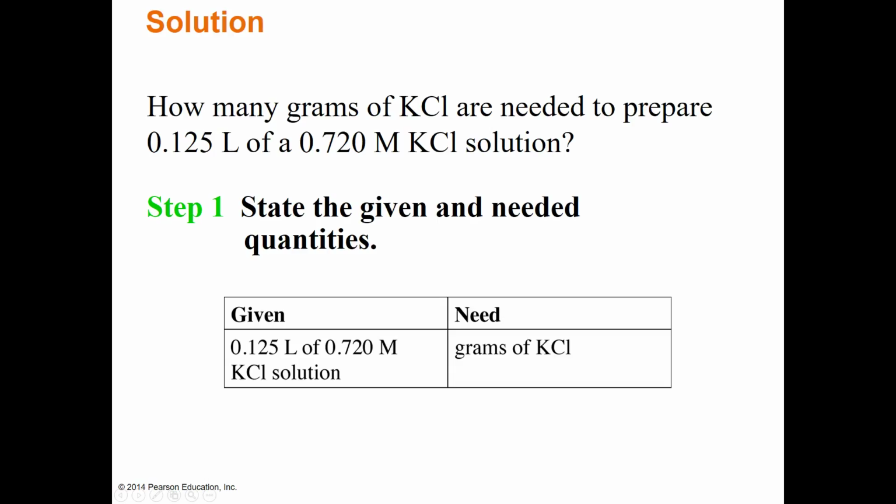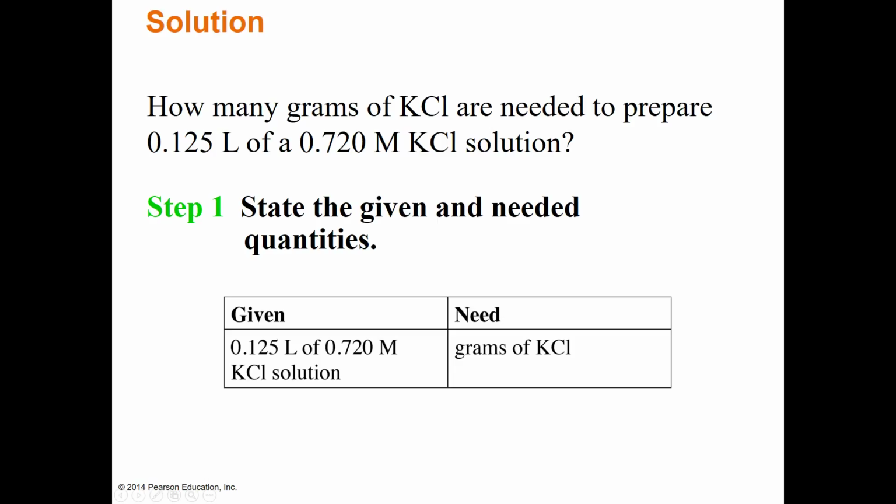We have the molarity, this part, 0.72. We have the liters, 0.125. Right? That's your x moles. So you can solve for your x, which means multiplying both sides by 0.125. This will give you the moles.